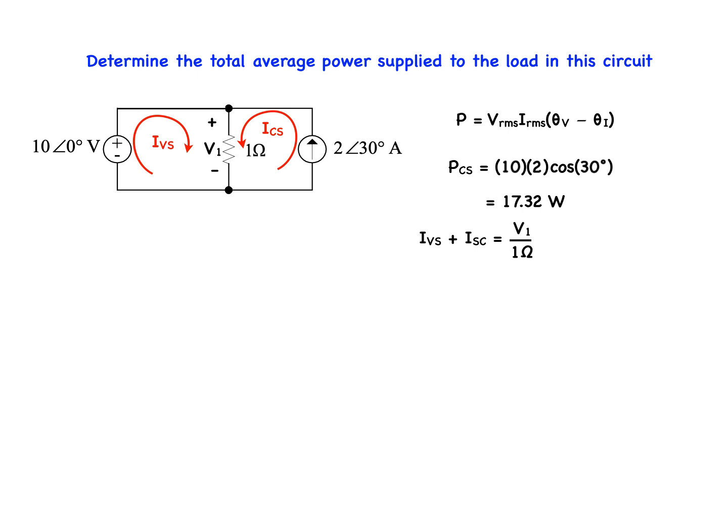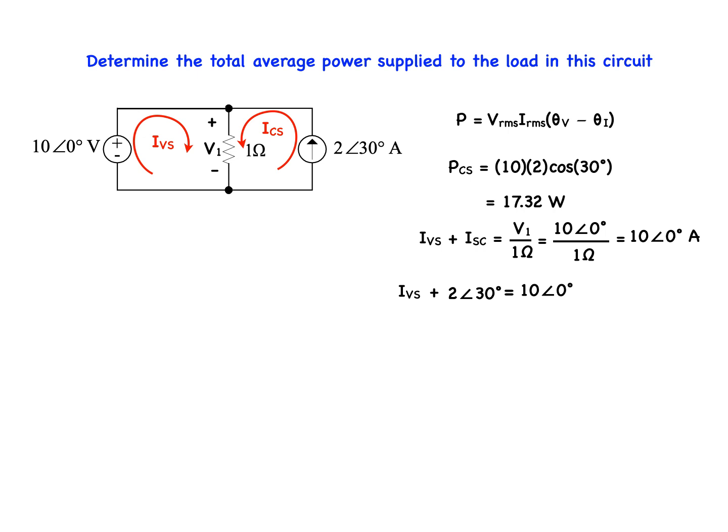Plugging in our known values, it's equal to V1 divided by 1 ohm, which equals 10 at 0 degrees amps. We know the value of the current ICS, because that is the current of the current source on the right-hand side of the circuit. So replacing ICS with 2 at 30 degrees, the equation now becomes IVS plus 2 at 30 degrees equals 10 at 0 degrees.